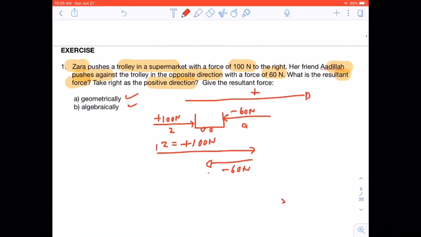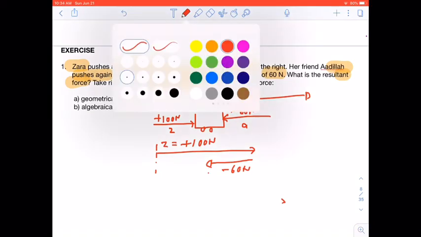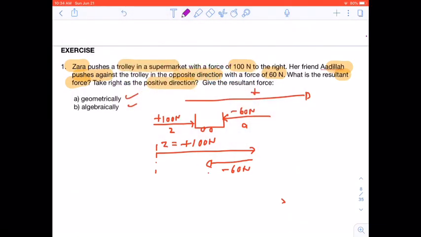What is the resultant? The resultant is from the original to the actual, meaning that's the resultant, and the resultant would be equal to plus 40 newtons, and the direction is towards the right.